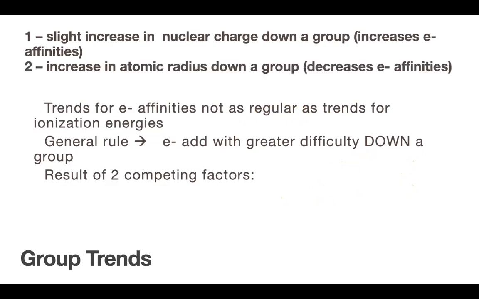But counteracting that is the increasing radius, which means your atom is getting bigger. And like I said before, you've got more electron shielding, and the electron that you're adding is further away from the nucleus. So these two things are contradictory to each other. But it turns out that number two wins in the end. So it becomes more difficult to add electrons.